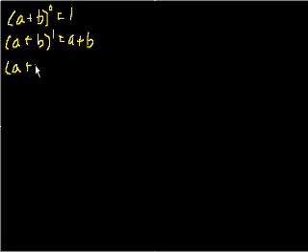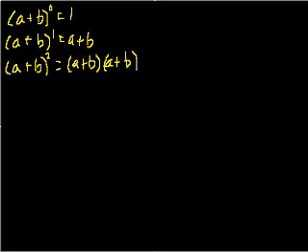A plus b squared equals, and if you don't have a lot of practice doing this, you might be tempted to say a squared plus b squared, but you should correct yourself quickly, because that's a plus b times a plus b. And then we could use the distributive property, or if you learned it this way in Algebra 1, you could use the FOIL property.